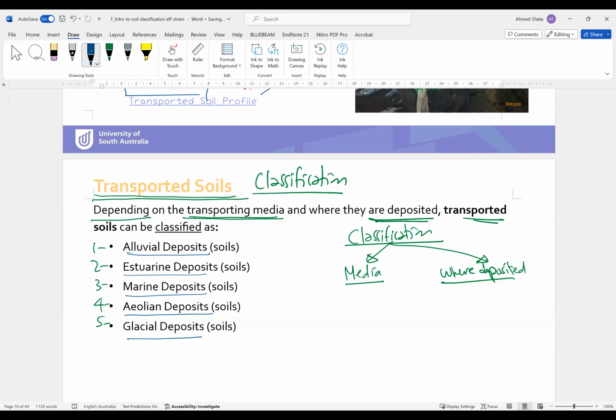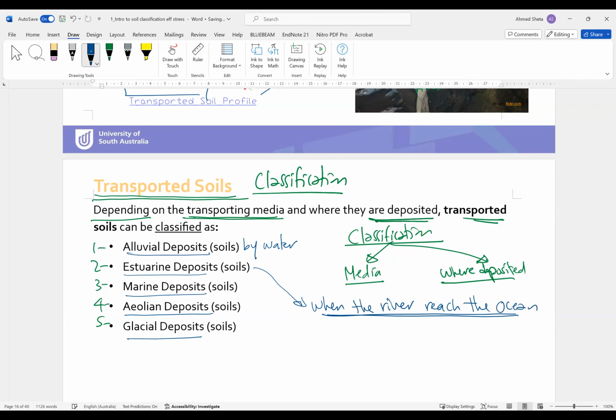The first one, alluvial, is by water and in lakes or floods. The other one, estuarine, we will discuss in detail now, but just briefly, is when the river reaches the ocean. So this is at the mouth of the river when it reaches the ocean.